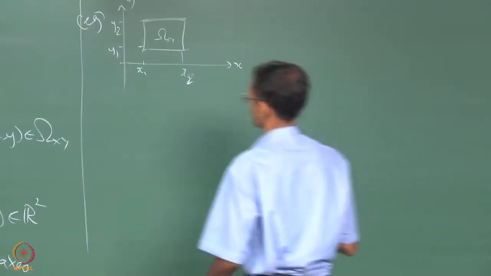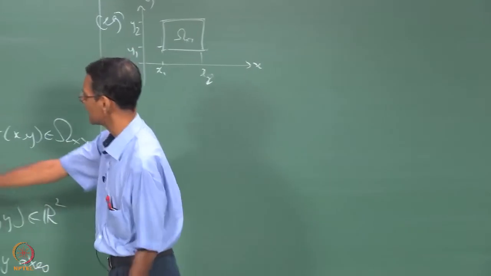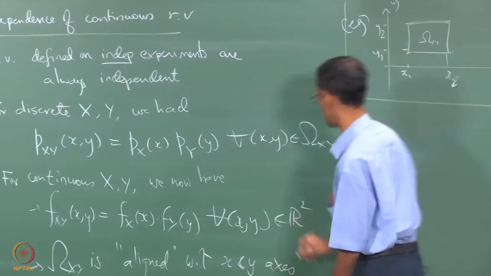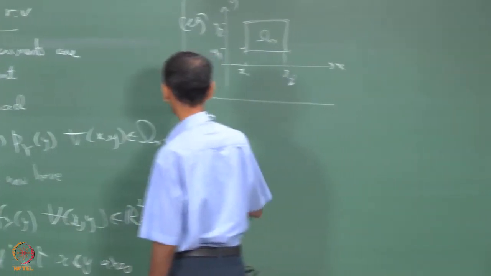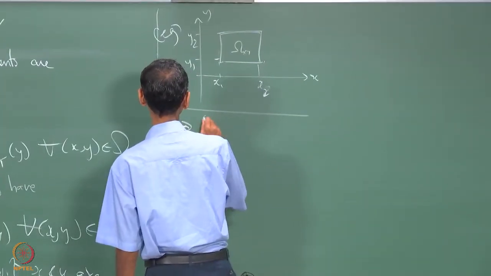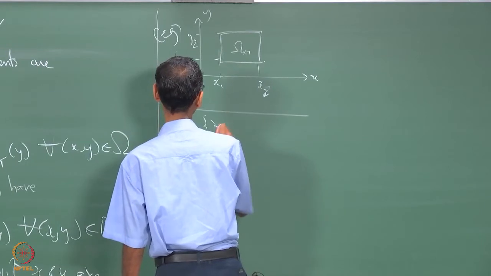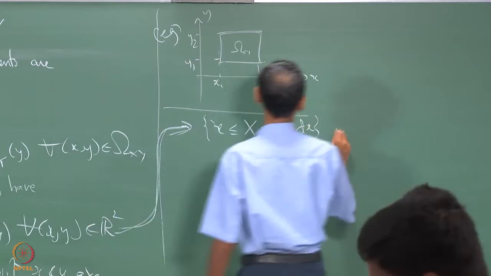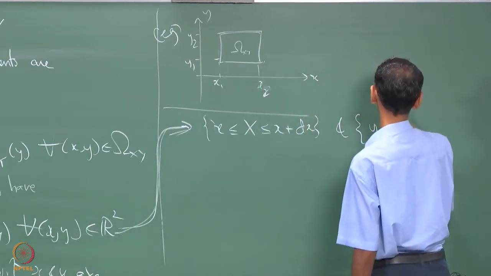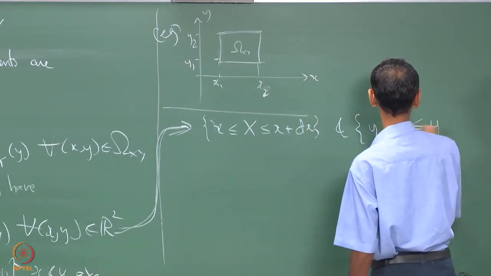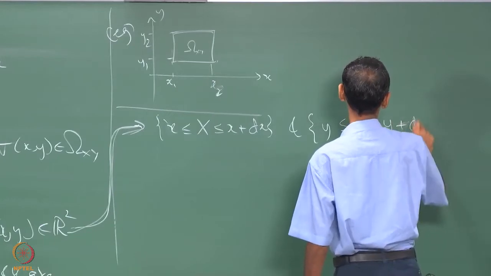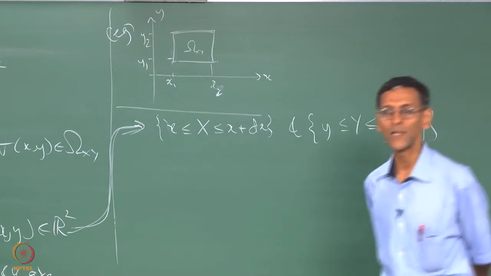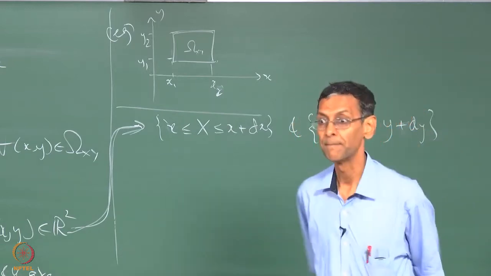Okay. So a consequence of this is that the events, X is between x and x plus dx, and capital Y takes values between y and y plus dy, these two events are independent for every value of small x and small y.